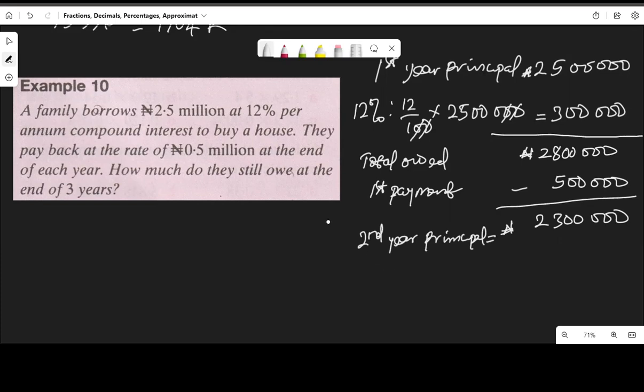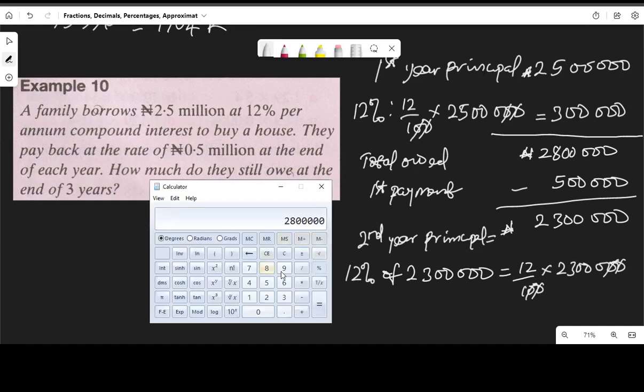So how much is the interest on this very amount they are owing now? 12% of 2.3 million is 12 over 100 times 2,300,000, which is 23,000 times 12, which is 276,000 naira. That will be the interest for that year.